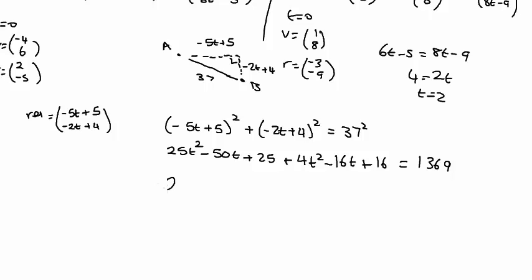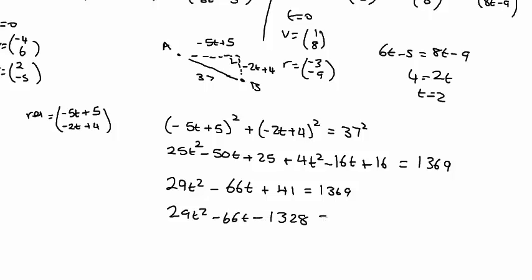Now it's pretty straightforward, it's just a quadratic from here. Minus 66t plus 41 equals 1369. Obviously take that away. Put it into the calculator.